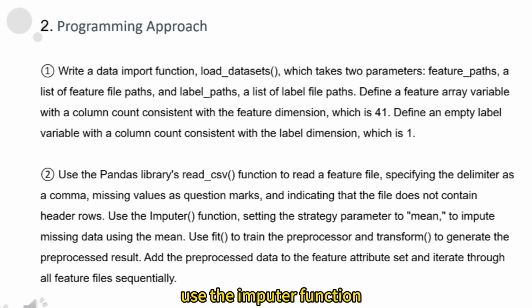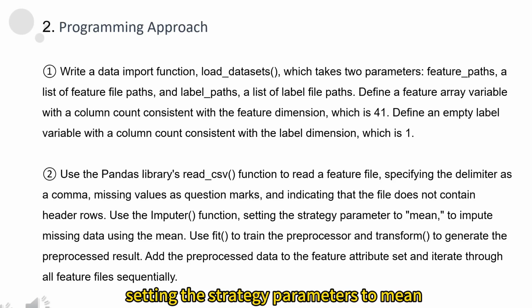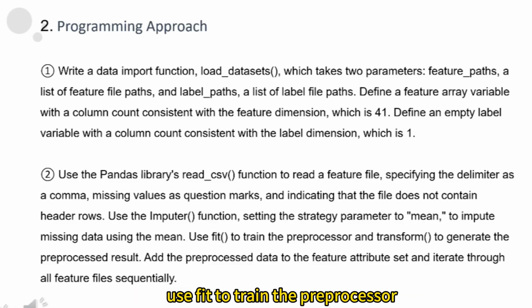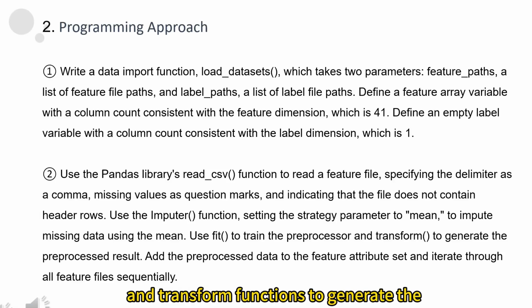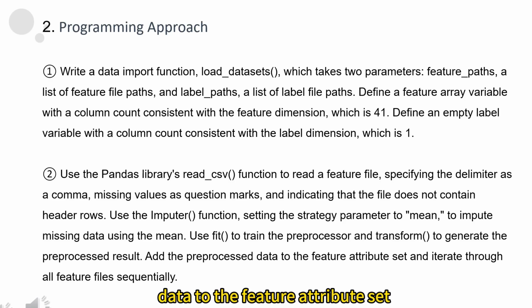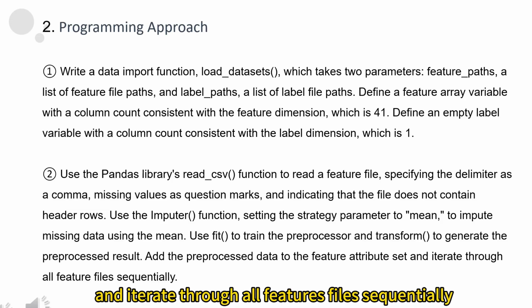Use the imputer function, setting the strategy parameter to mean to impute missing data using the mean. Use fit to train the preprocessor and transform to generate the preprocessed results. And we add the preprocessed data to the feature set and iterate through all feature files sequentially.